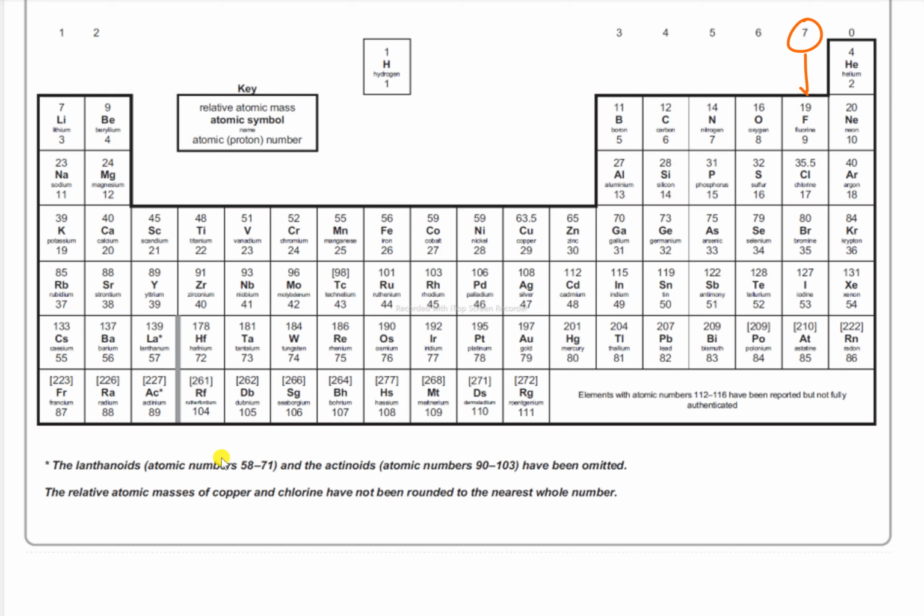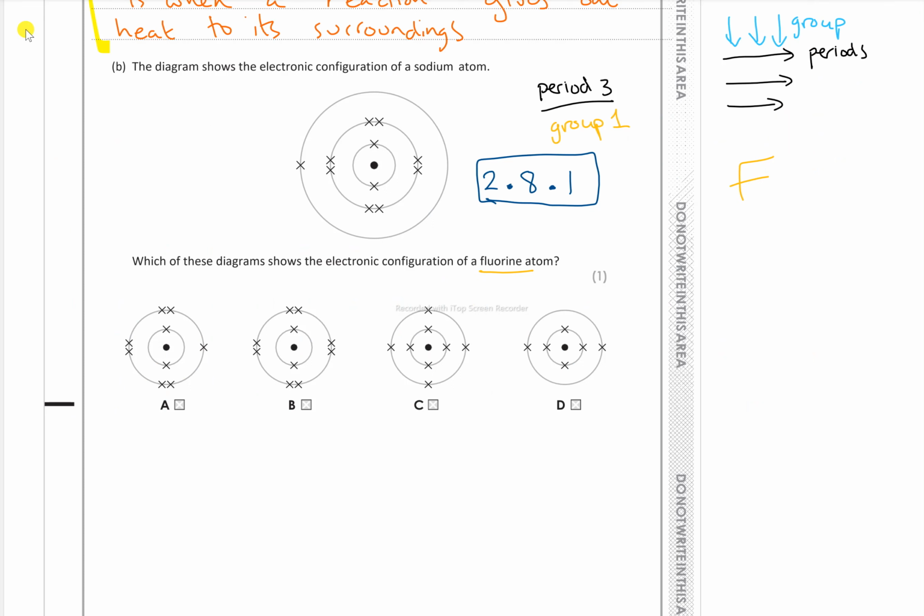And it's got 9 protons and 19 for the mass. Right, I'll tell you what, let's go copy this across. Right, let's try that again. 19 and 9, fluorine.